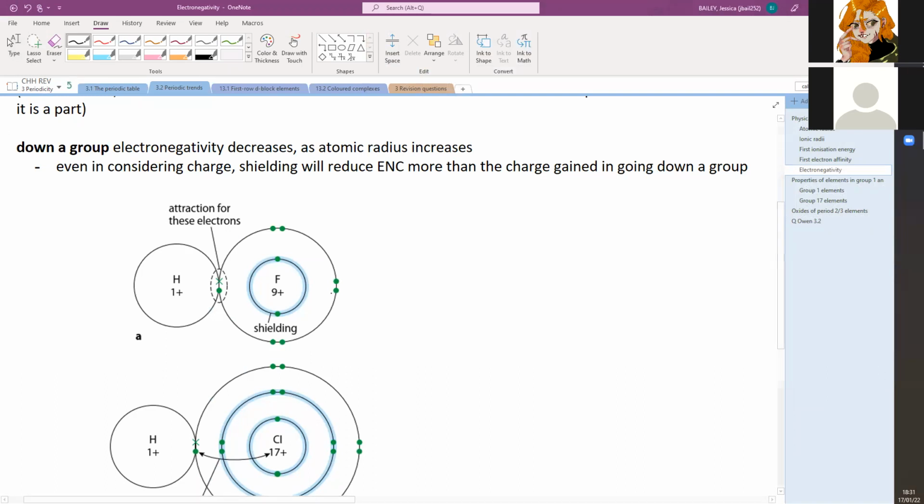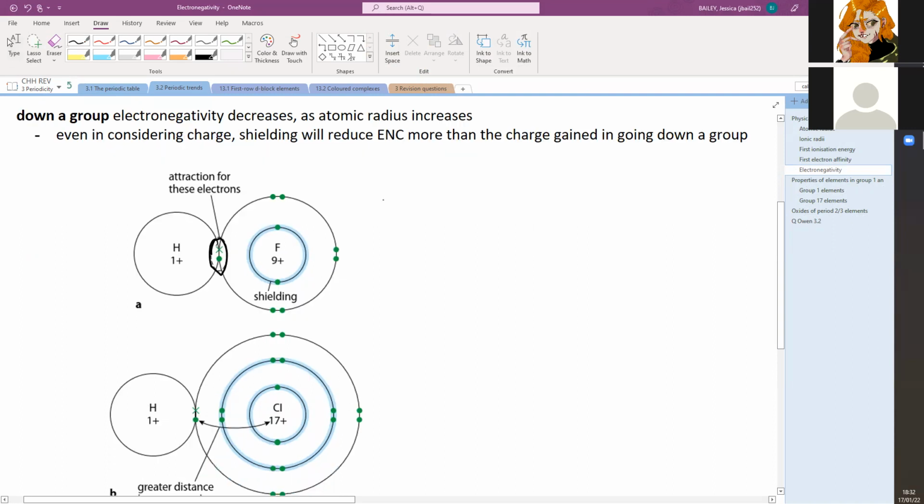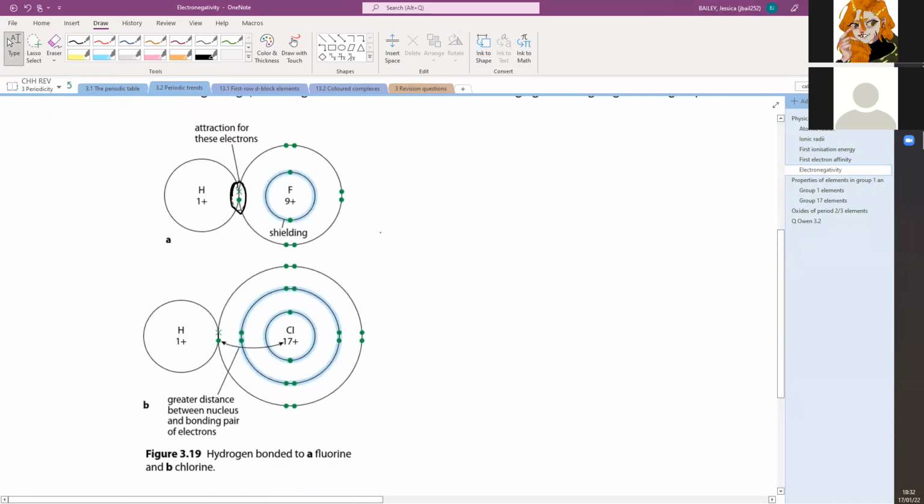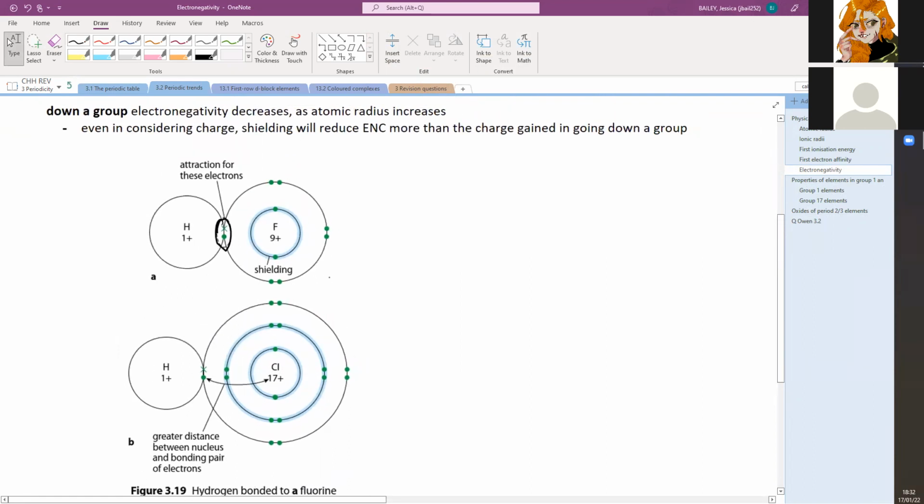If my atomic radius is increasing, then those valence electrons in your outermost shell are going to experience the least electrostatic attraction. And hence, since there's less electrostatic attraction, it can't bring these shared electrons close towards itself. So here, chlorine, since it's further away, would have a lower electronegativity than fluorine.